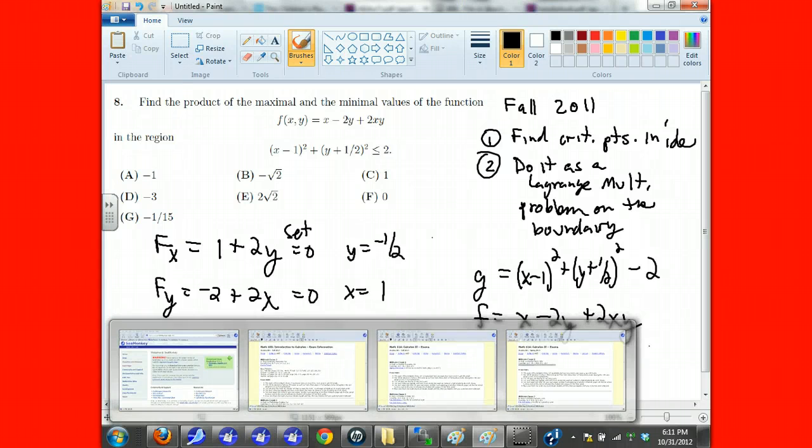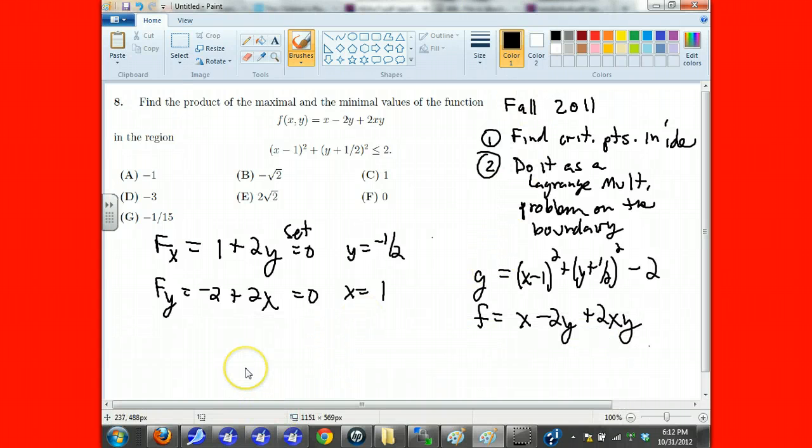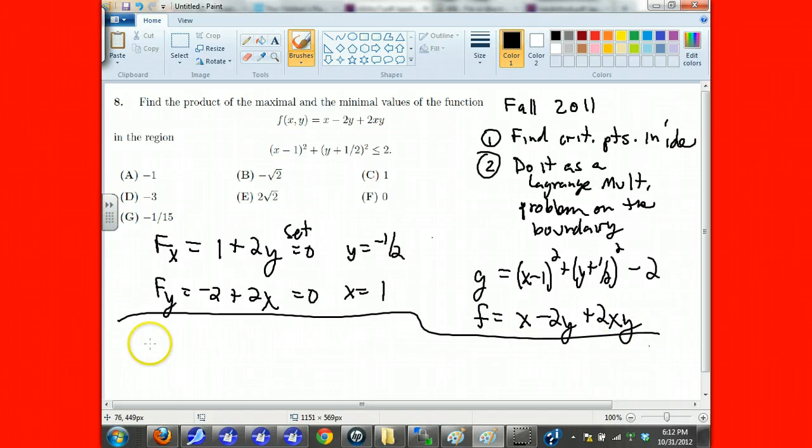Let's start it out at least, though. Let's set up our capital F function. You don't have to do it this way, but I like the capital F function. So we've got this capital F, which is f minus lambda g.